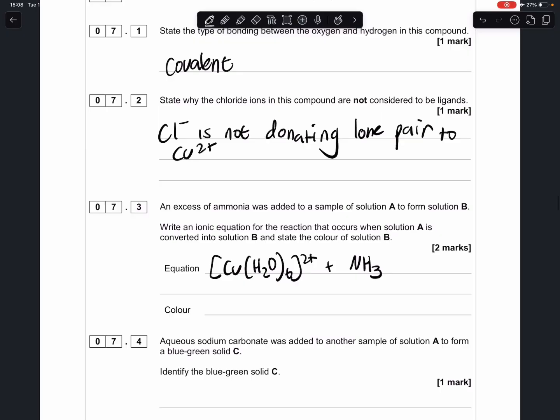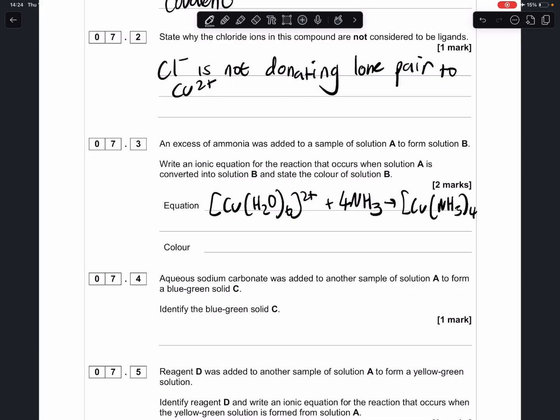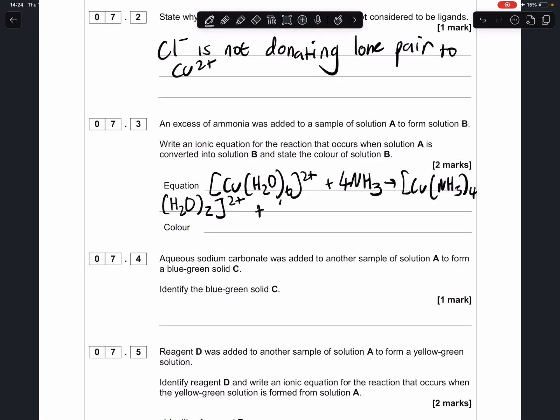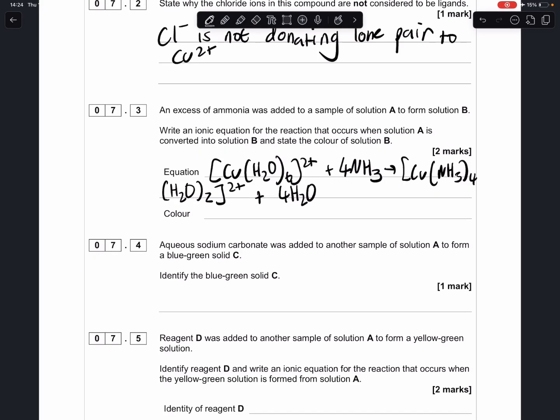So if you write this out here, and then the 2 H2O ligands, and it is a 2 plus complex, and also the 4 H2O ligands that are being kicked off from the original 6 hexa aqua complex. And the colour, when we get this ligand substitution, we form a dark blue solution.